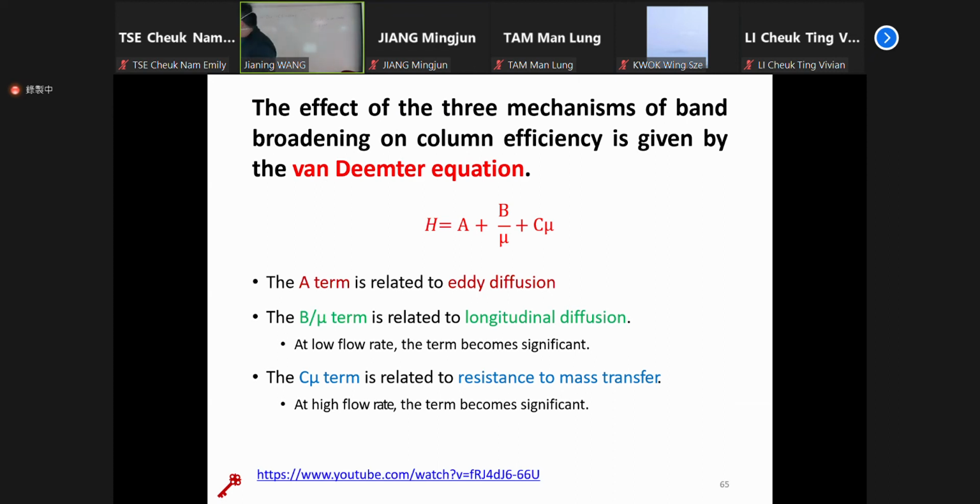So when we sum A, B, C together, and also consider the flow rate of the mobile phase, we have the theory of band broadening. We call it the Van Deemter equation. Here we use H, the plate height.